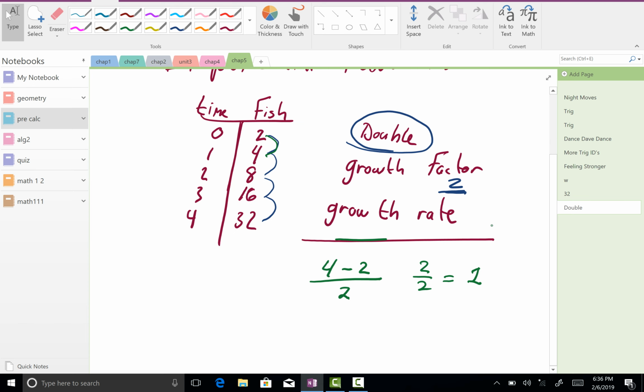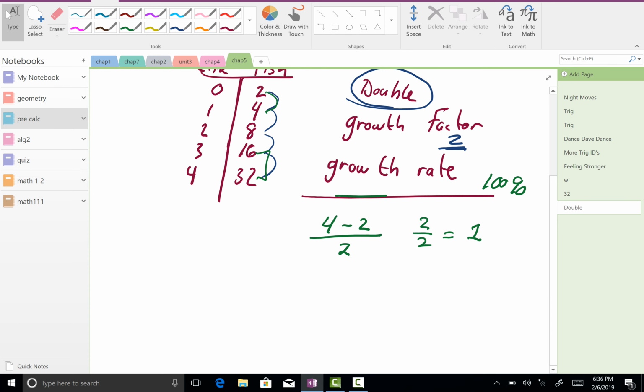So this has a 100% growth rate. And it wouldn't matter which numbers we picked. It's going to be the same. If we pick the last 2, it's still going to be 100% growth rate.